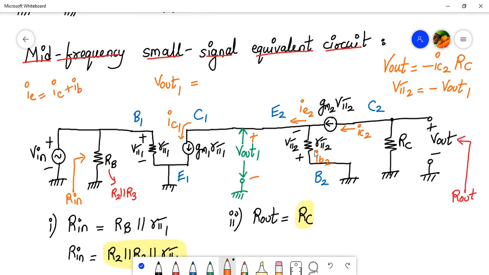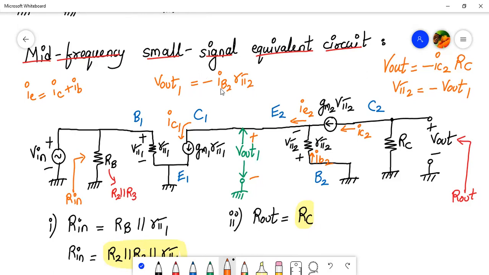So here, as you can see, there are two incoming currents and the outgoing current is IE2. So IE2 into R pi 2 will be your V out 1, right? So we can write over here minus IE2. Can we write IE2 over here? Or it will be IB2 into R pi 2.